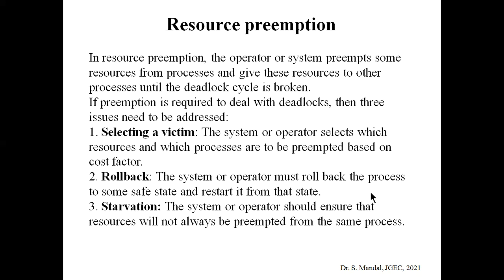We need to find the respective resource and process to be terminated or preempted based on a cost factor. That means we should select a process and resource such that the remaining processes are cost effective for us.